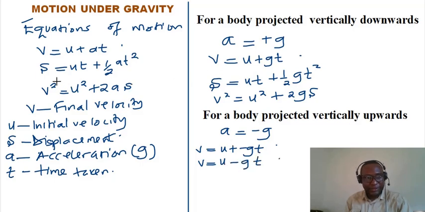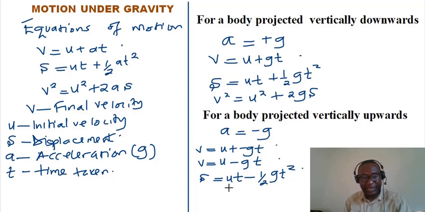The second equation here will be modified as displacement being equal to UT minus a half GT squared. The minus is coming in because we have acceleration being negative G. And the third one is V squared being equal to U squared minus 2G times the displacement, the negative also coming in as a result of a negative acceleration.